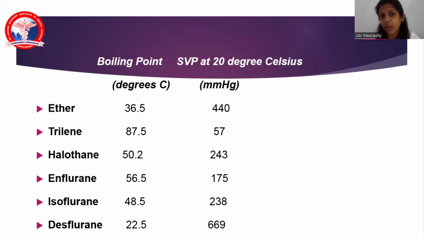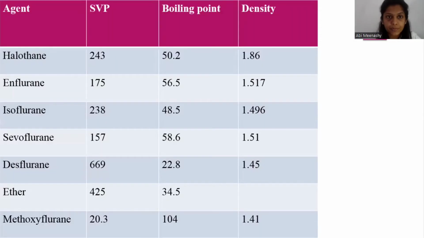Boiling point is measured in degrees centigrade and SVP in millimeters of mercury. Like that you have them for trilene, halothane, enflurane, isoflurane and desflurane. You need to remember them.